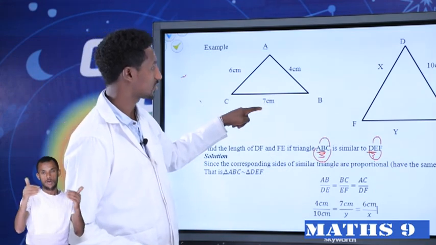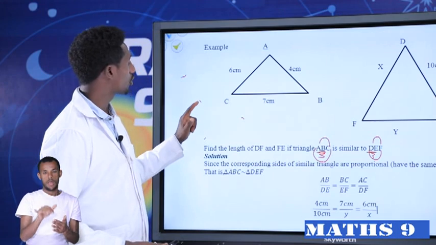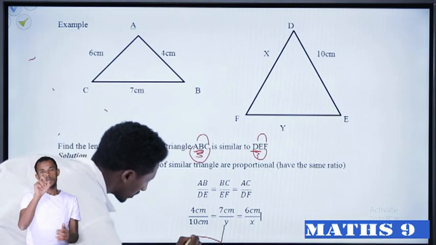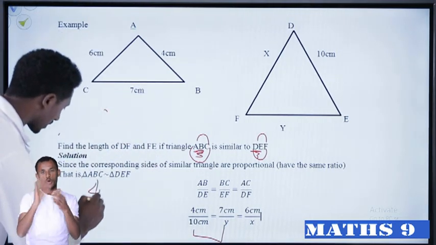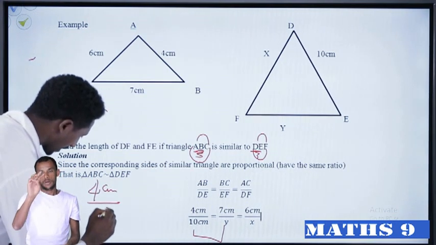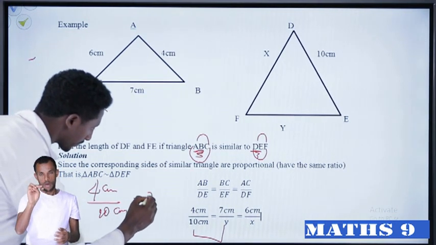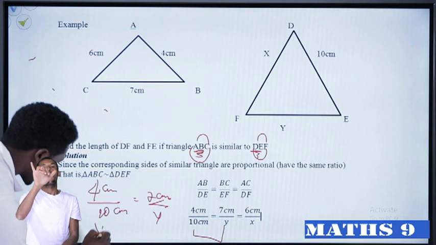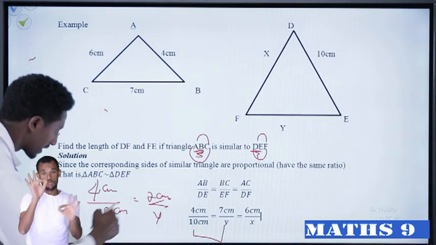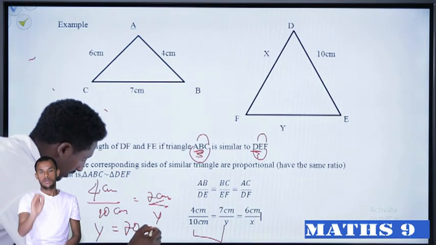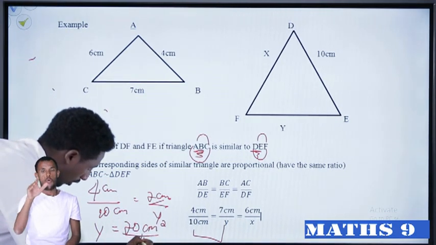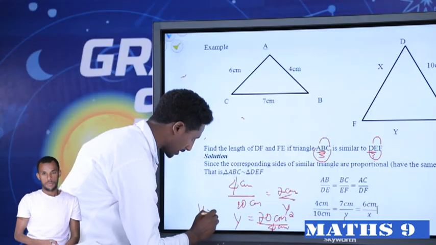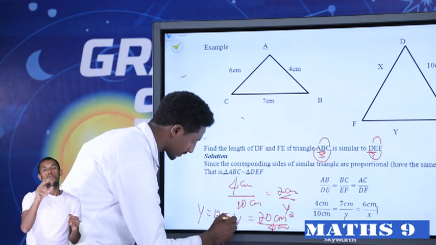Then the corresponding side, which is EF, is Y, which equals, that's AC 6 centimeters over X. Using the first two ratios, 4 centimeters over 10 centimeters equals 7 centimeters over Y. So we can evaluate Y. Y equals 7 times 10, that's 70 square centimeters, over 4 centimeters. That's Y equals 12.5 centimeters.